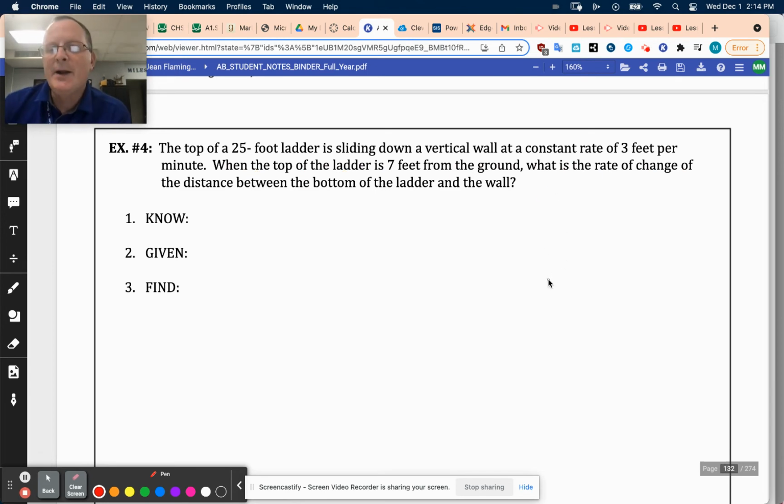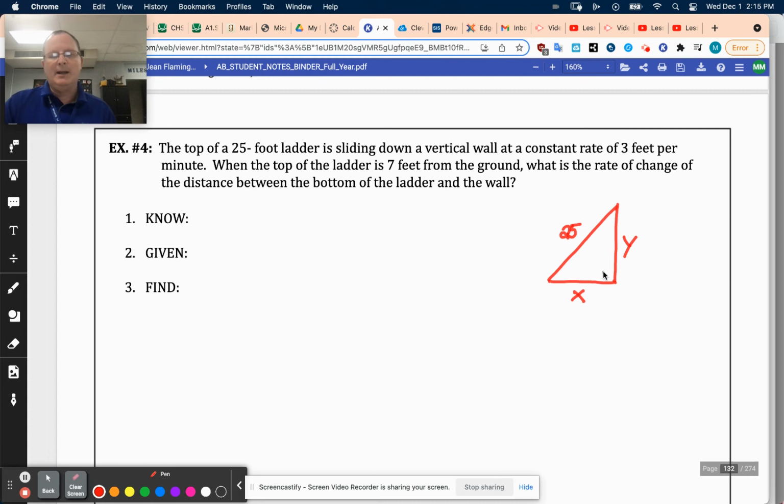Okay, so we've got this ladder. It is 25 feet long. It is leaning up against the wall. At this moment, I will call this horizontal distance x, and I will call this vertical distance y.